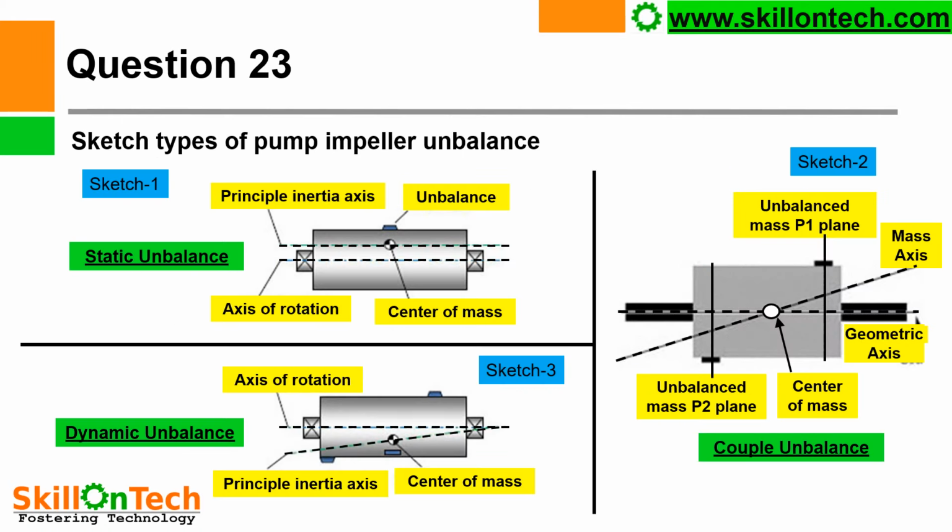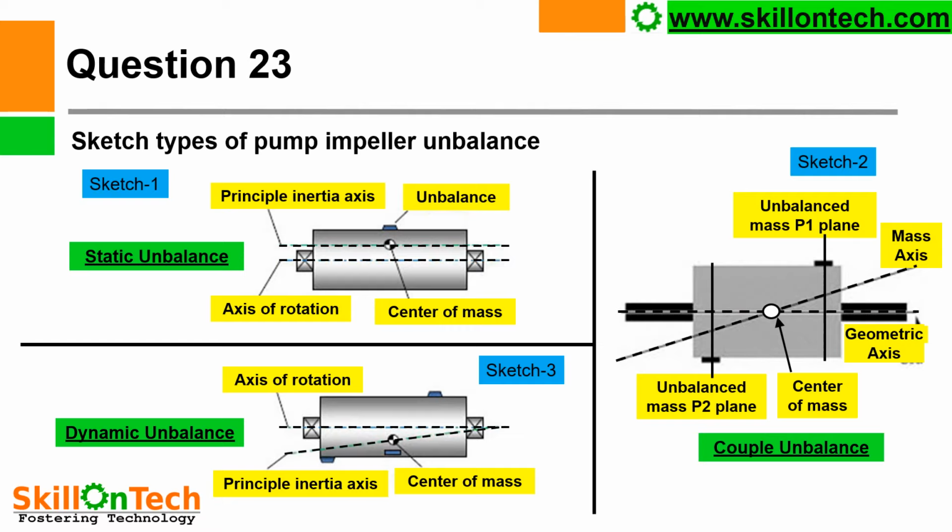Sketch types of pump impeller unbalance. You can see sketch 1 where a static unbalance is shown. So when will static unbalance occur? When the axis of rotation and principal inertia axis are different and an unbalanced mass is on the rotor.